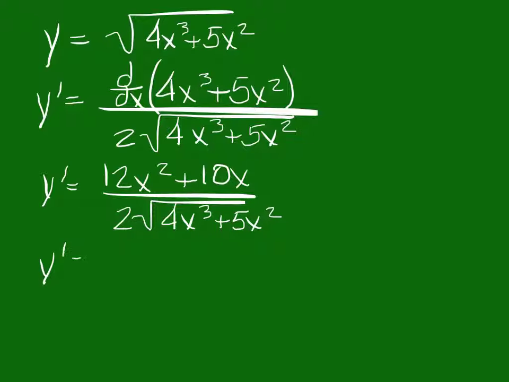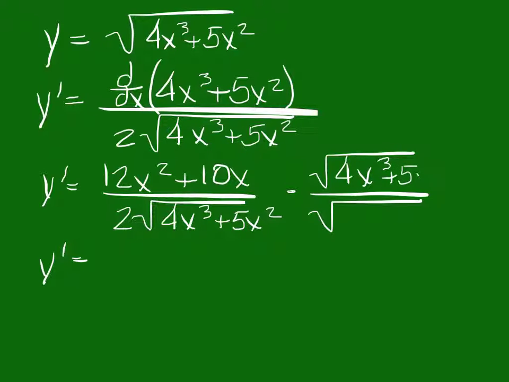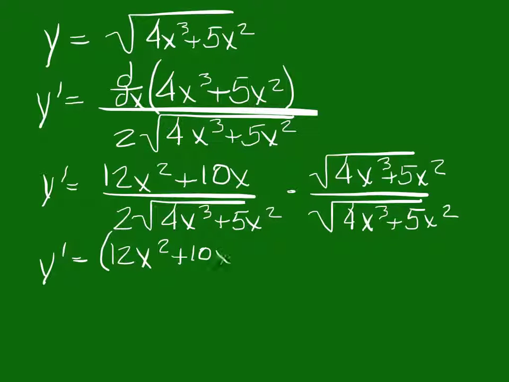Now we must simplify. We cannot have the radical item on the bottom, so we multiply the top and the bottom by that item, the square root of 4x to the 3rd plus 5x squared over itself. And when you do that, on the top you're left with the quantity 12x squared plus 10x times the square root of 4x to the 3rd plus 5x squared.